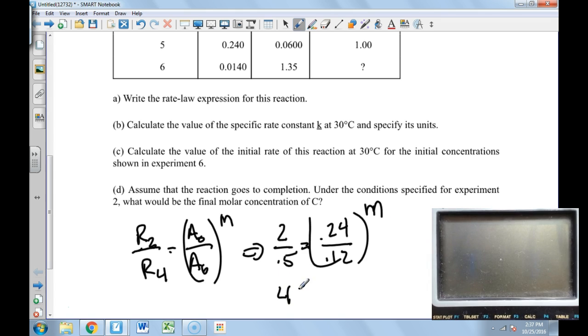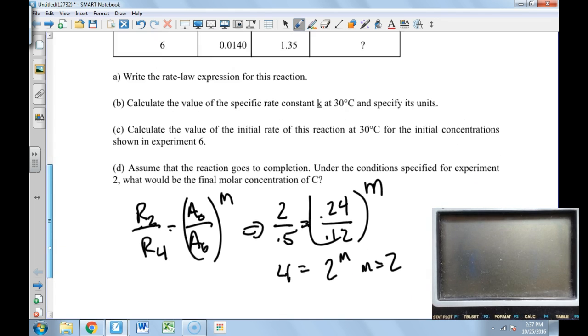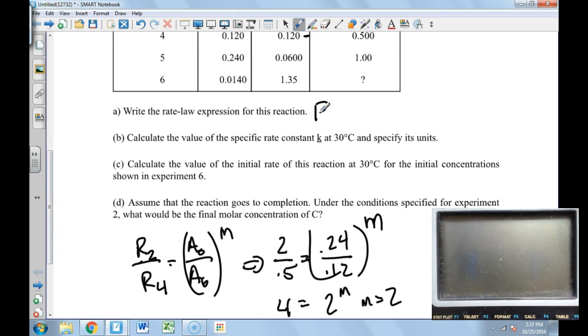Okay, so this is 4 equals 2 to the m, so m equals 2. So now we haven't finished, but we can write the rate law. R equals K A naught to the 2, and then B to the 1. And even though that's a 1 and you don't have to write it, I always like to write it.